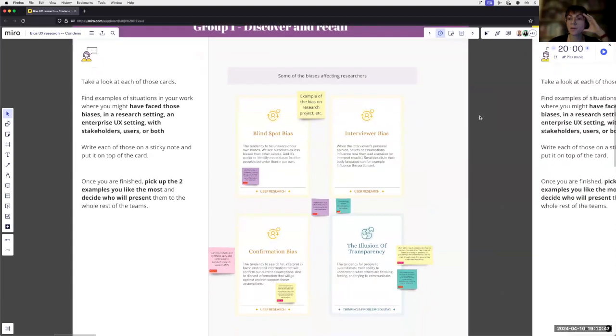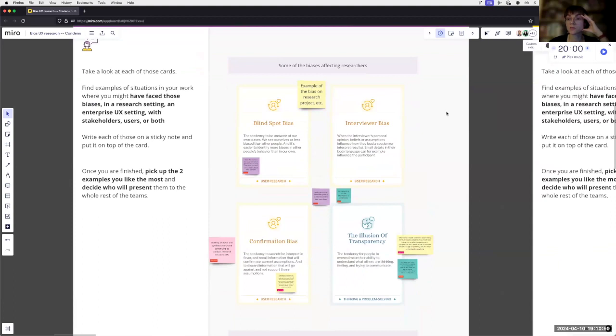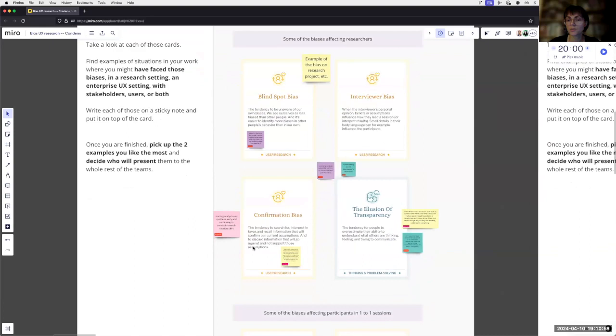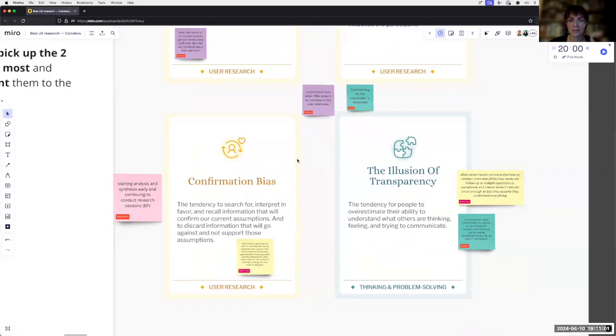Okay, so we have chosen maybe not the two favorite ones, but the 2 most common ones in our case, and it was the confirmation bias and the illusion of transparency. Confirmation bias, we've discussed. It's most common when someone jumps into the research who is a non-researcher, or is not researching a lot, especially in the case of stakeholders, PMs, and other parties.